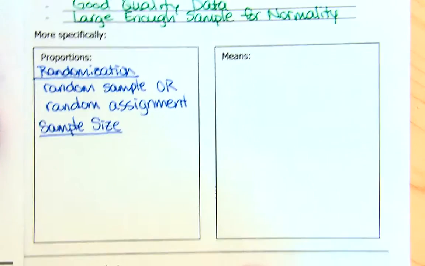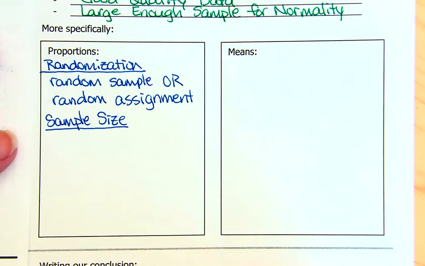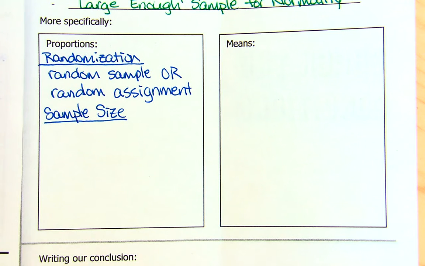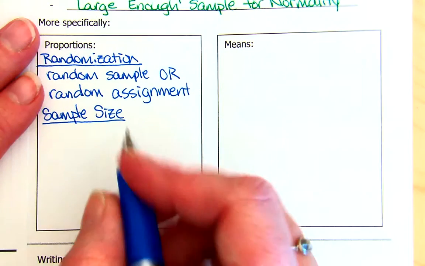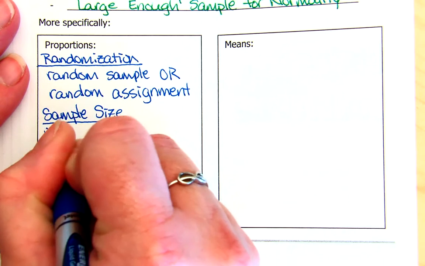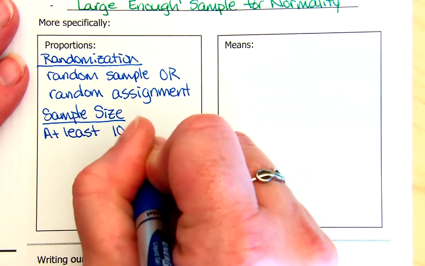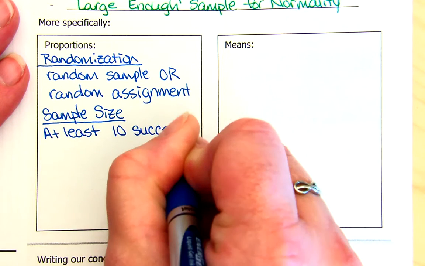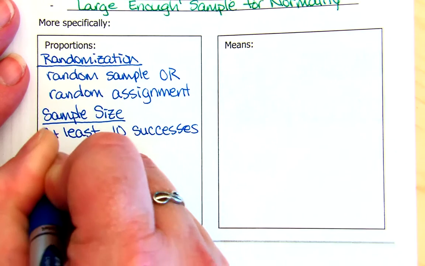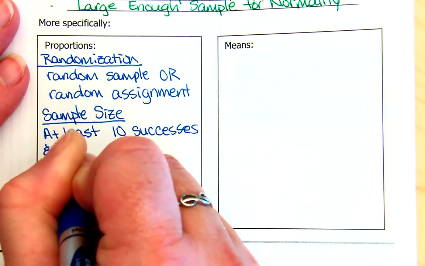And for checking sample size, what do we need for proportions on sample size? You guys remember? NP greater than 10. Right. We want both NP and NQ greater than or equal to 10. So we want at least 10 successes and failures.